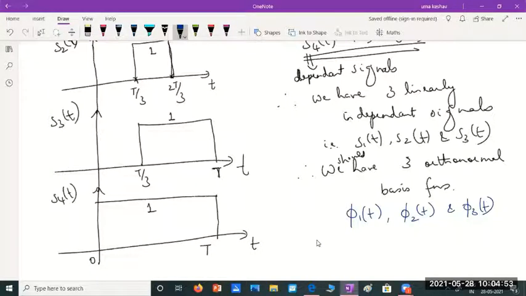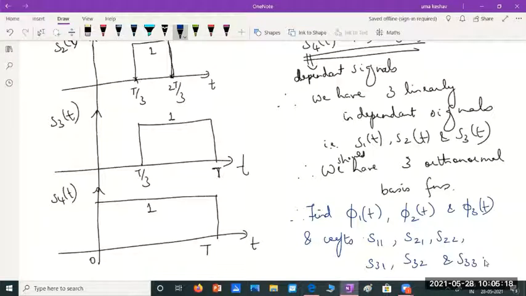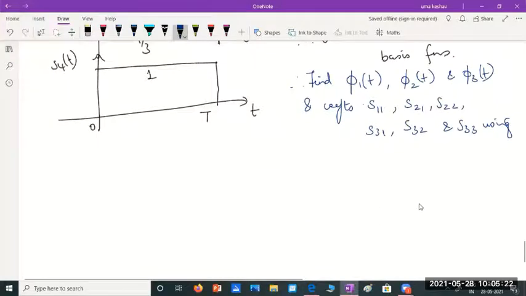The Gram-Schmidt procedure, and the coefficients also. And how many coefficients will I have? I'll have coefficients S11, then S21, S22, S31, S32 and S33. Find all of these using the Gram-Schmidt procedure.